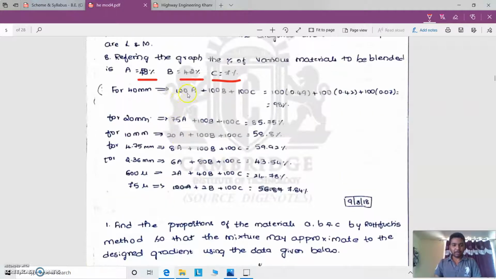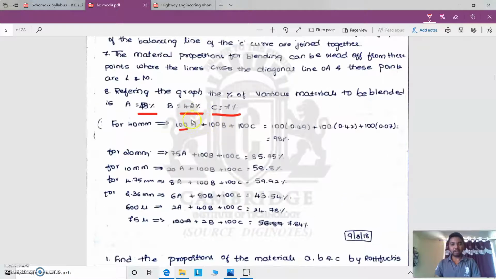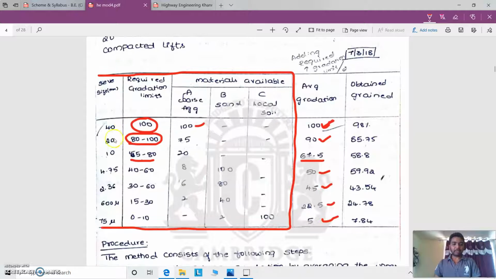For 40 mm, 100 is there: 100 times A, 100 times B, 100 times C. A is considered to be 0.49, B is 0.42 and C is 0.07, and once we calculate we will get 98%. Similarly for 20 mm we have 75, 100 and 100.